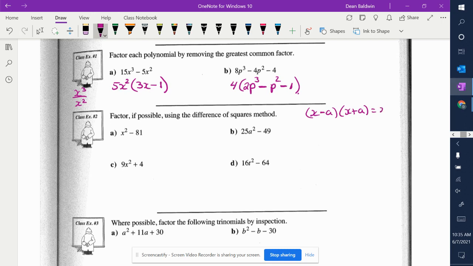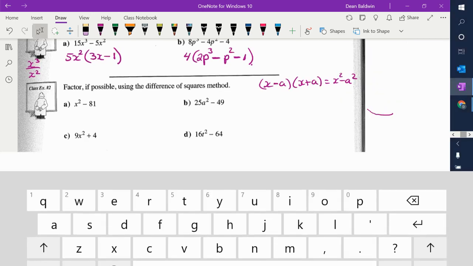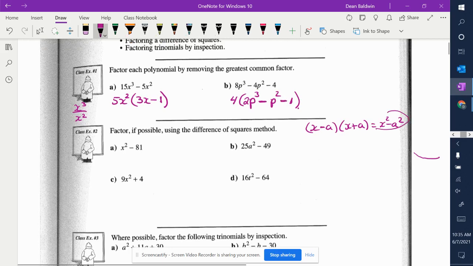We just wrote a test on it. If I multiply those together, what do I get? X squared minus a squared. When you're factoring, you're starting with this and you're going back to this.